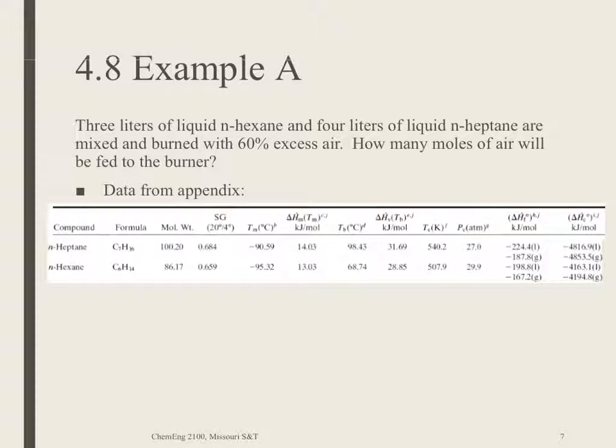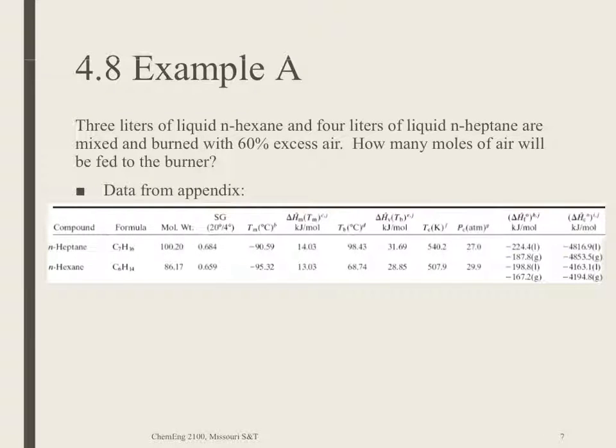So in the appendix of the textbook, there is a data table, Appendix B. We're going to start referencing this more and more, so this is really our first time to need to use it. I have found in the table the excerpt for heptane and hexane.